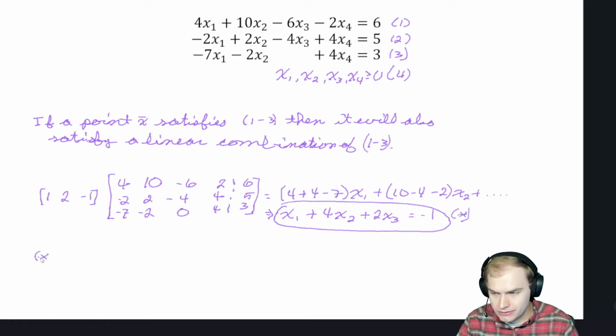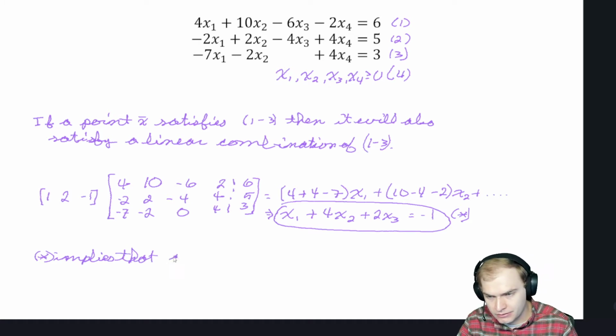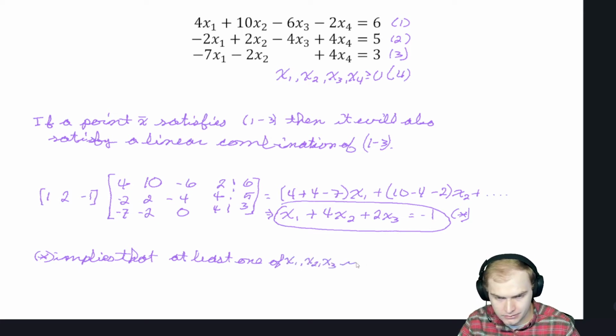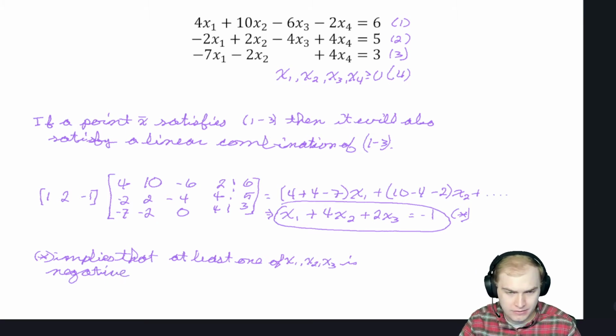Well, star implies that at least one of x1, x2, and x3 is negative, because the right-hand side is negative, but the left-hand side has all positive coefficients.